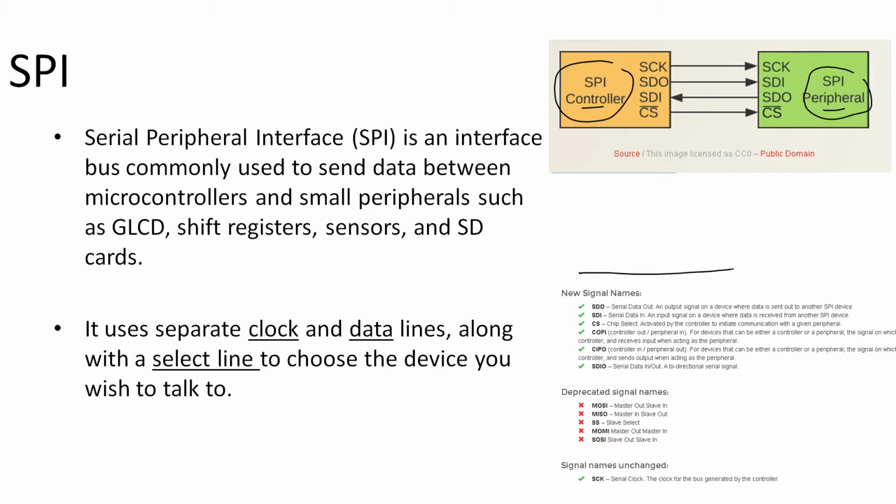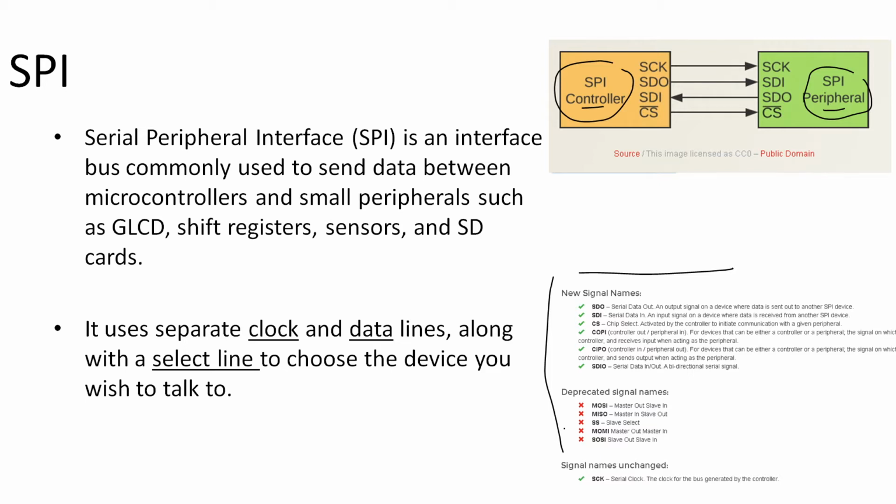Now I put down here names. They have different meanings because we're going through a transition of naming where things used to be called MOSI and MISO, they're now called SDO and SDI. Where it used to be called slave select, it's now called chip select.